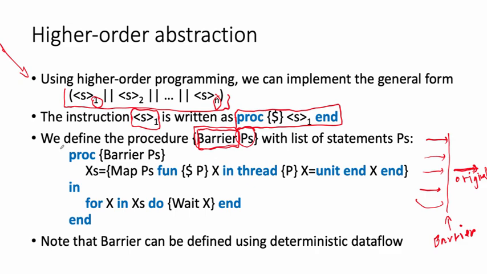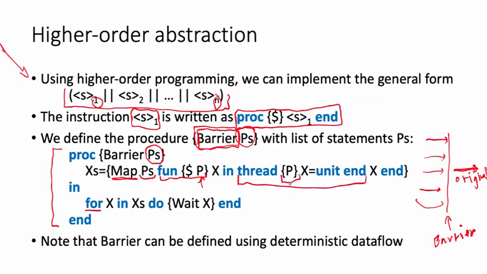So barrier is actually very easy to write using higher order abstractions. Here, the PS argument is given. We first do a map, and then we do a for all. So the map here will take each of these procedures and apply this function. So you see the P argument is going to be a procedure. So we will create a thread here, thread end.